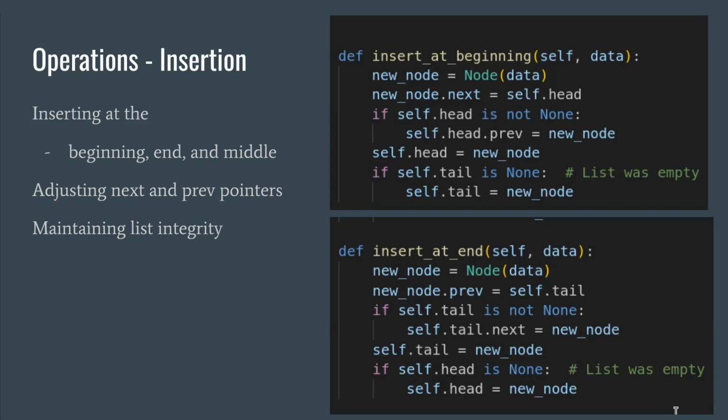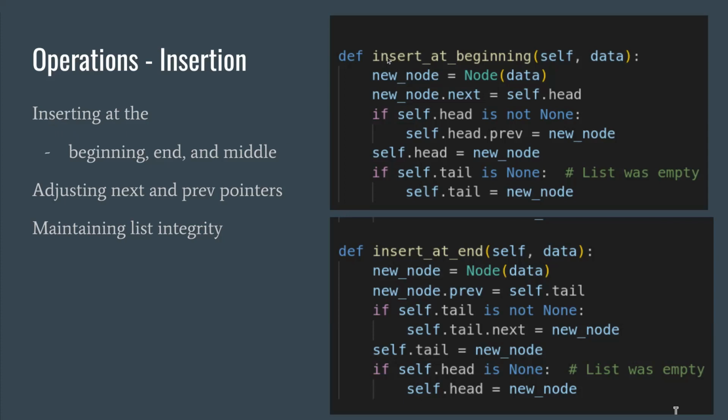When we are inserting, we need to first adjust pointers of neighboring nodes to maintain the list structure. This operation shows the list flexibility. We can easily add elements without reorganizing the entire structure, unlike an array.